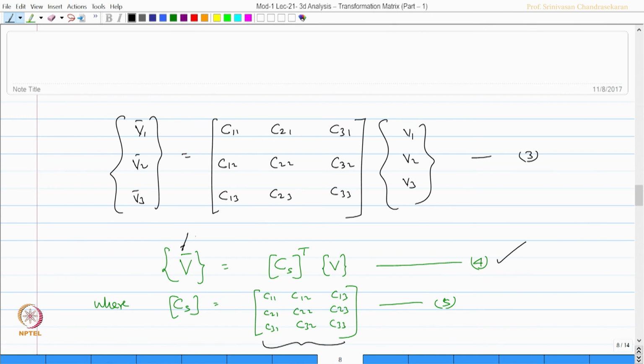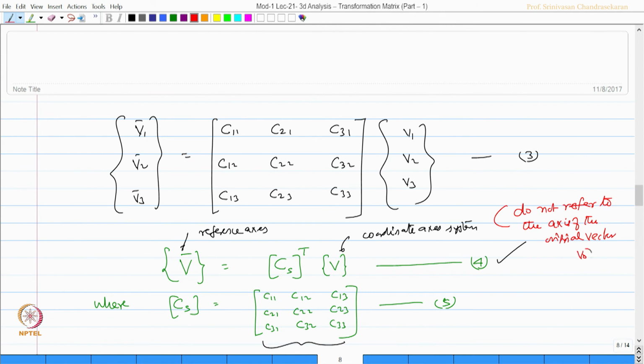This refers to a reference axis system. This refers to some coordinate axis system. The important point to note is that both of them do not refer to the axis of the original vector V naught, is it not? That is very important.